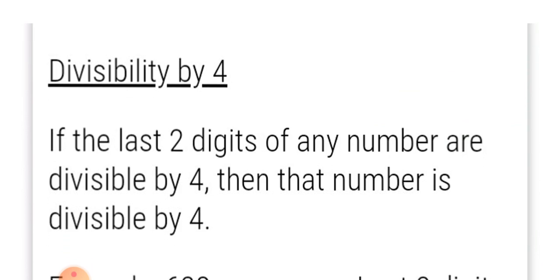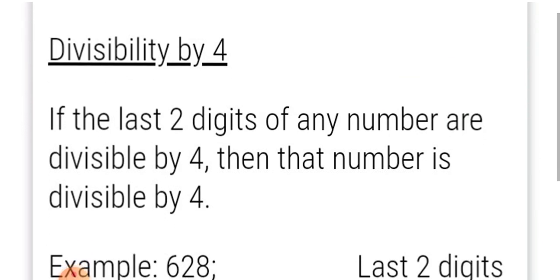Now we are moving to the next, that is divisibility by 4. According to the rule, if the last two digits of any number are divisible by 4, then that number is divisible by 4.